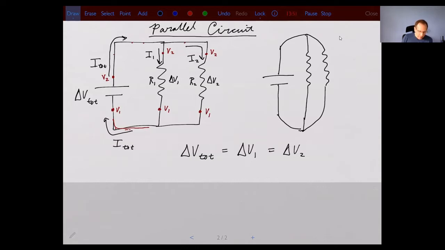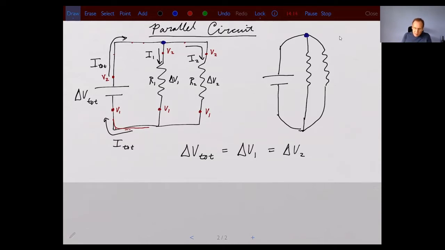Okay, the other thing that is important for a parallel circuit is if we look at one of these nodes, I'll do it in blue here. A node is where the wires meet. So think of this as a node right here, which would correspond to this node right here.